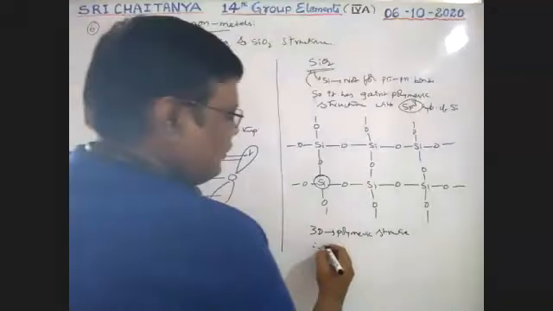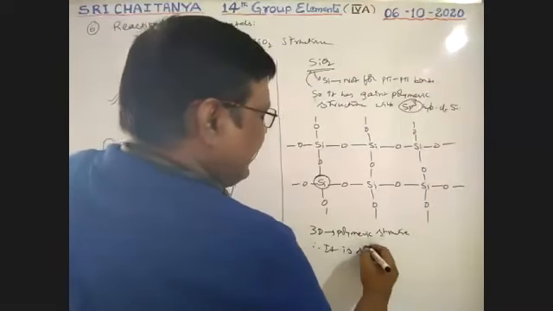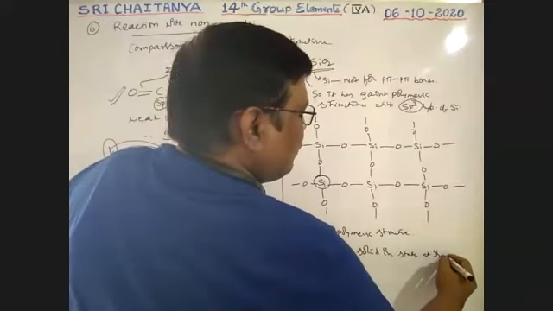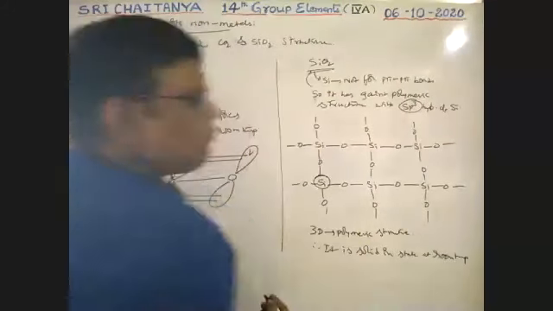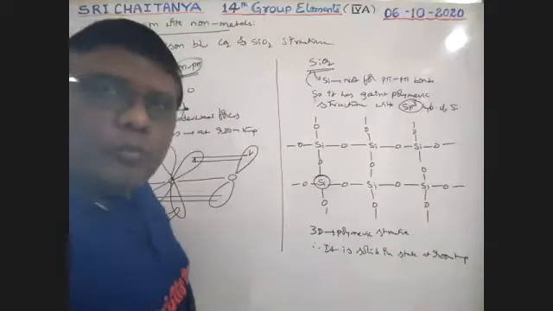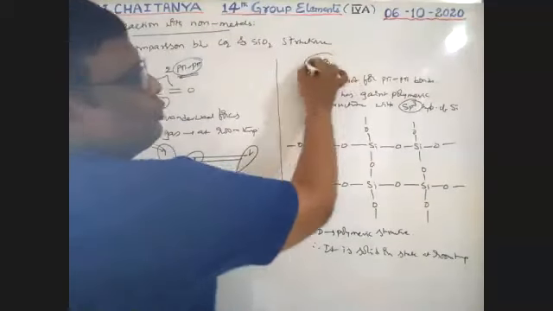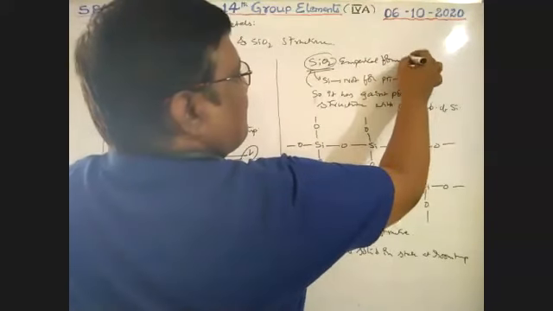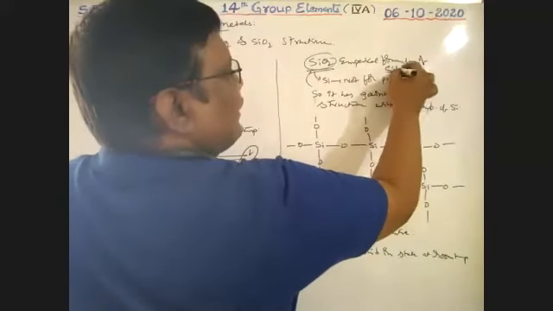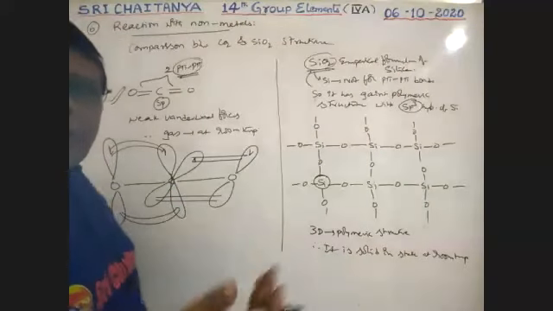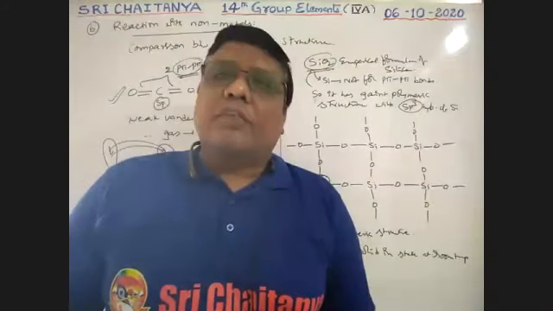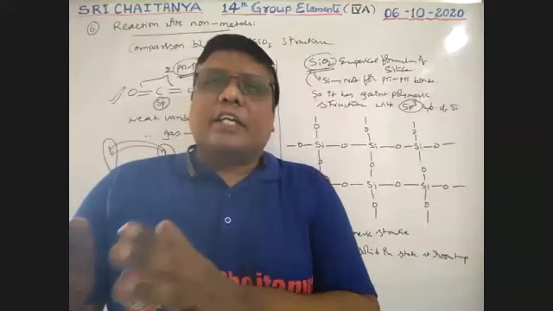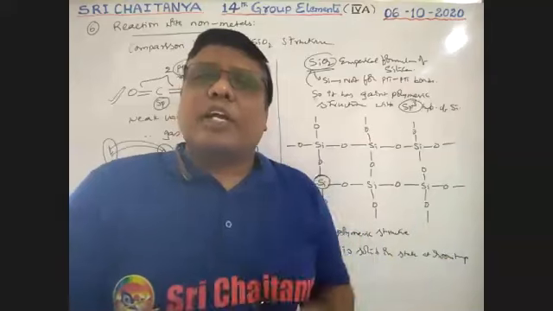Therefore, it is solid in state at room temperature, boys. This SiO2 is the empirical formula of silica. Very, very important. Therefore, CO2 is a gas at room temperature and SiO2 is a solid at room temperature.